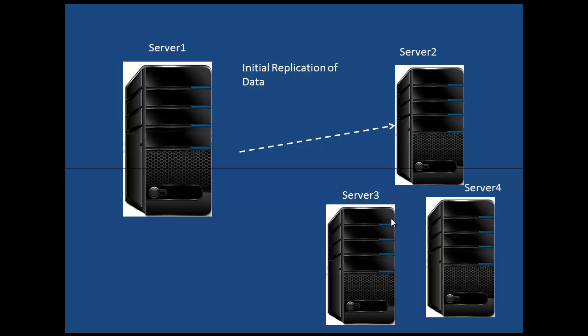Are there any differences between your copy and my copy? And then they would look at the file 1 on server 4. Is there any difference between the files? Were there any changes that were made? And that information would have to go back and forth between the servers.